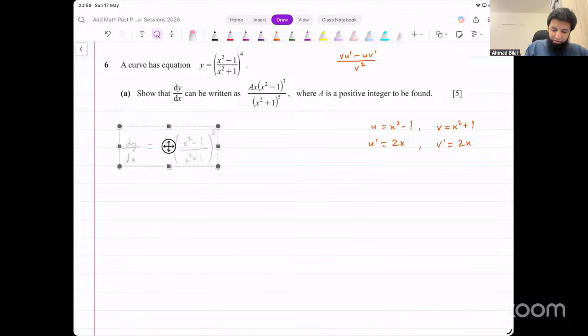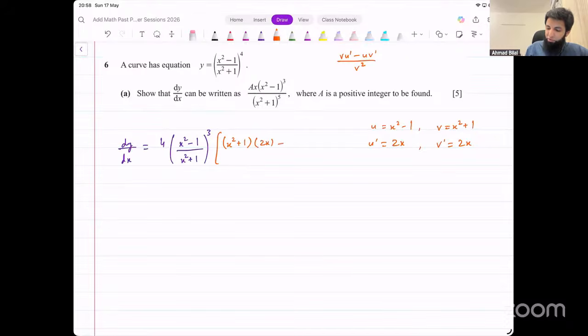Let's input values in this. What do we get? vu dash. v as it is, that means x squared plus 1 as it is, into u dash, which is 2x, minus uv dash, that means x squared minus 1 into v dash, which is 2x, whole divided by v squared.